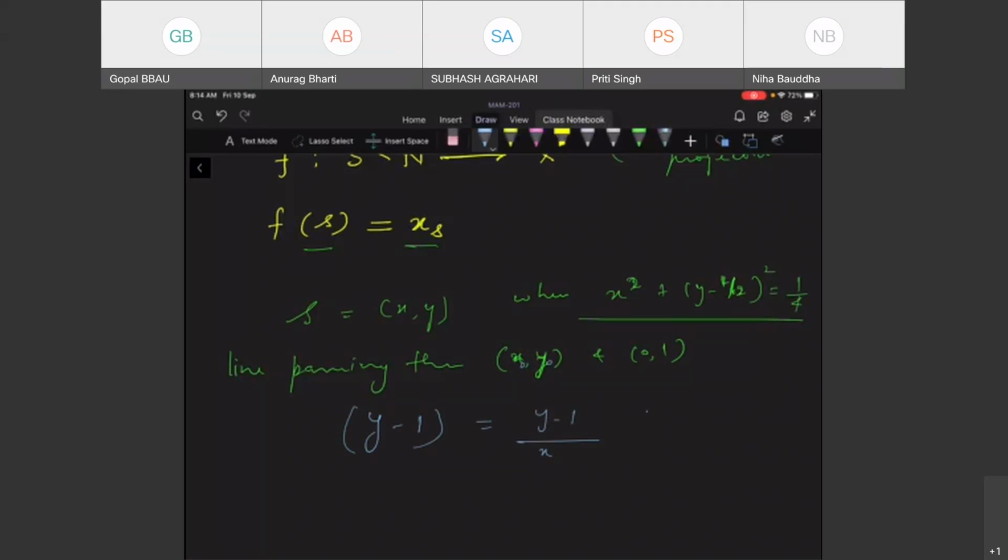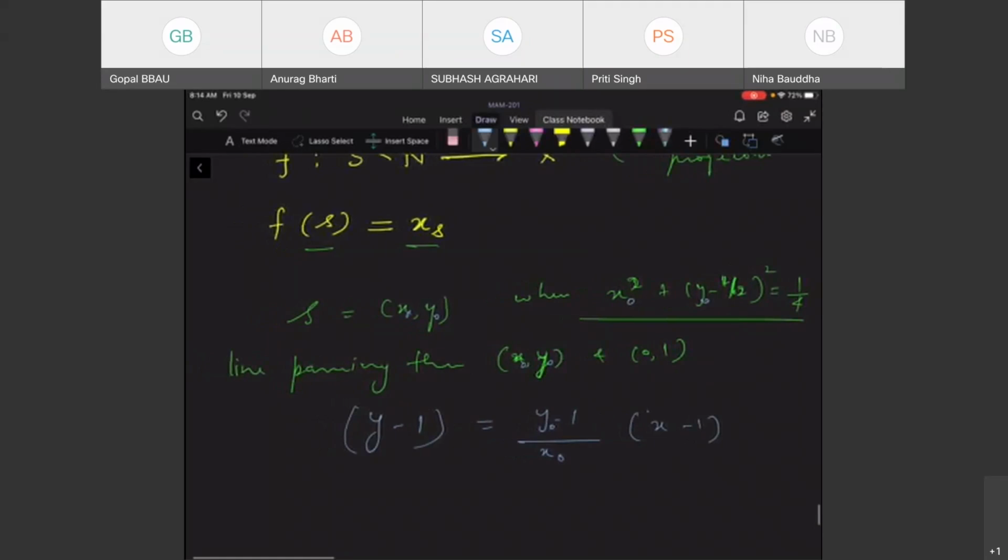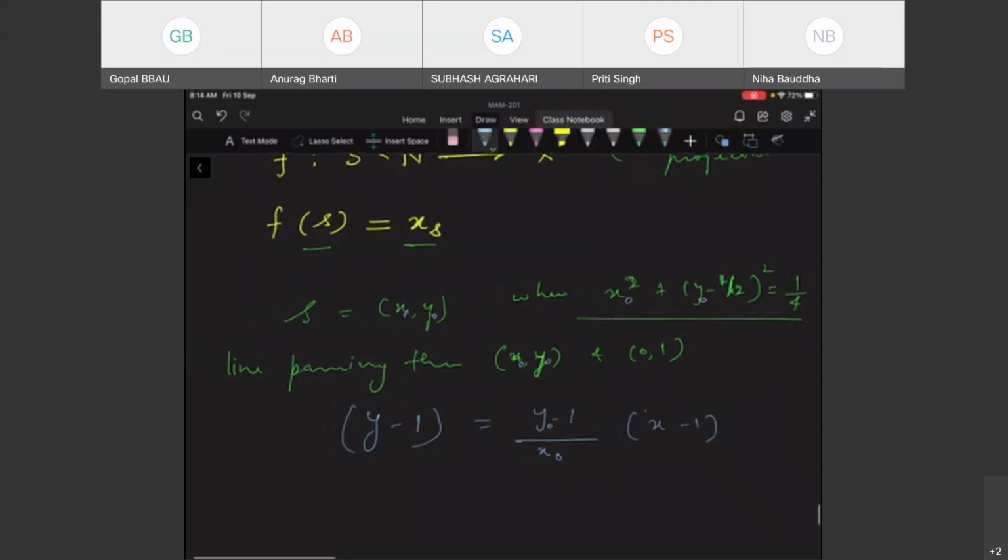Call it (x naught, y naught). Okay, so x minus x1. Is this correct? x1 is 0.